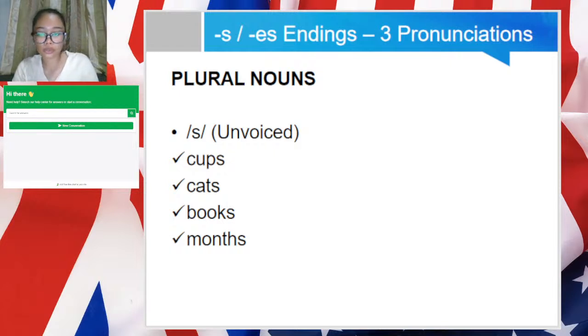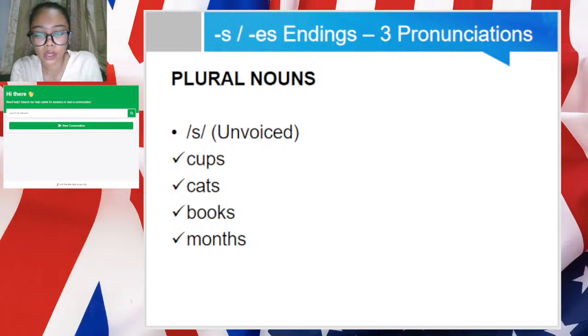So there are also three main rules for how we pronounce these endings, and here it will also depend on the sound of the base word that it ends with. Say for example, let's have the first rule, the soft hissing sound, which is the s sound.